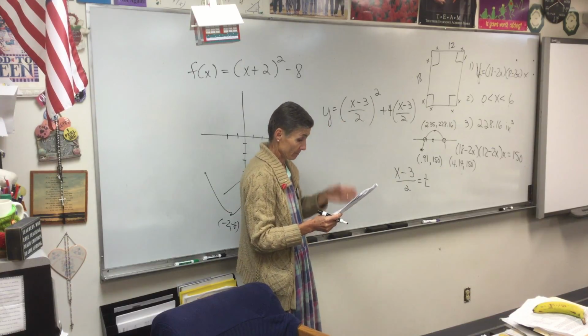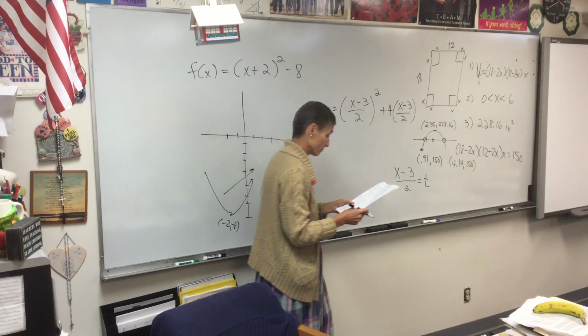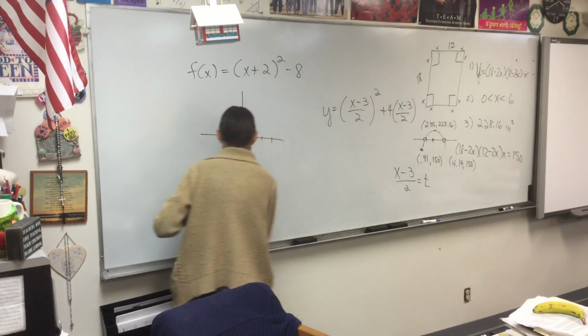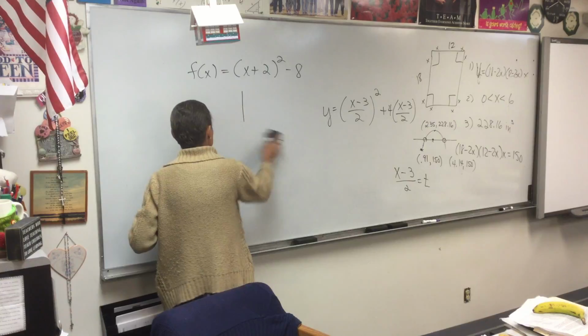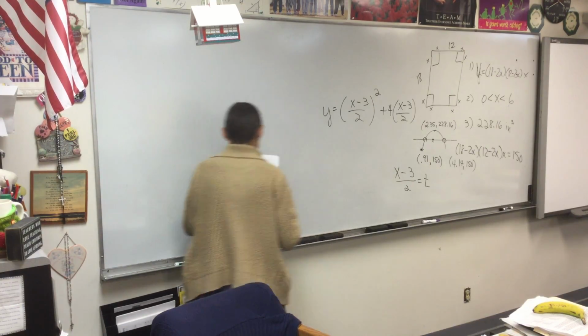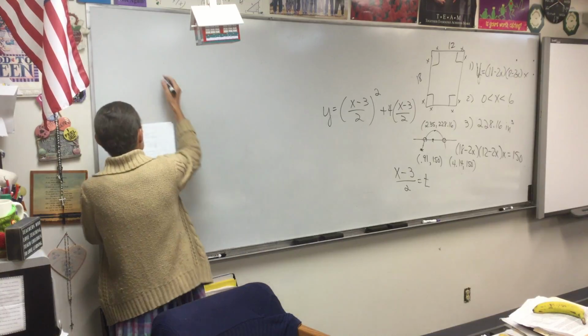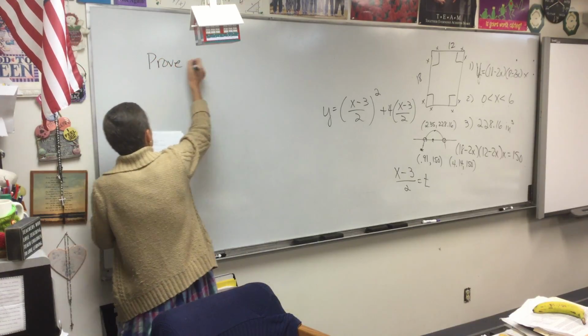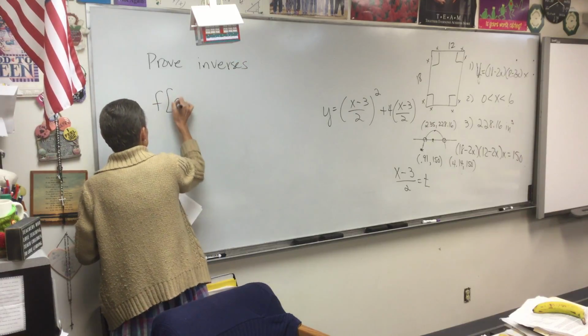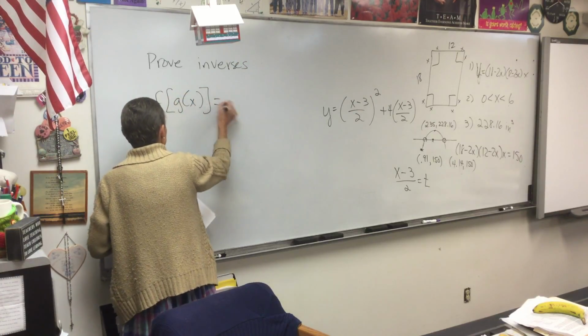Number 7, I don't understand the inverses and the F. Well, what does it mean to be inverses? It means they undo each other, right? If my job is to prove that they are inverses, the way we prove they are inverses is we do these two compositions.